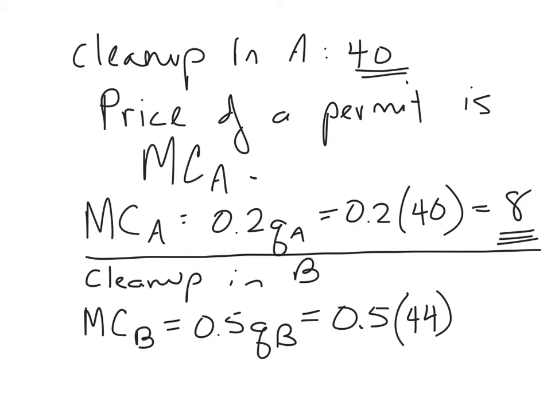That difference is 44. Well, 0.5 times 44 is 22. And that's all there is to the first of these two application exercises. The answers that you would have filled in those blanks with were 8 and 22, and this is where those numbers come from.